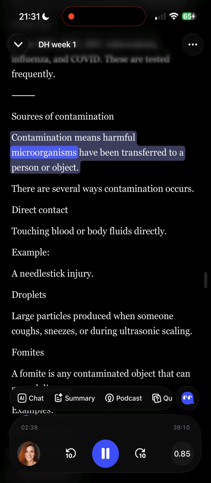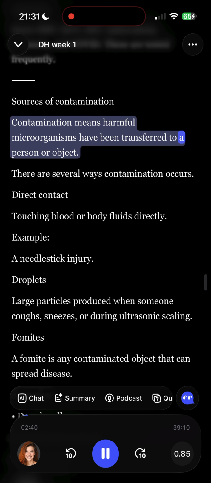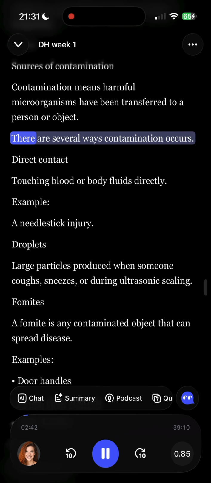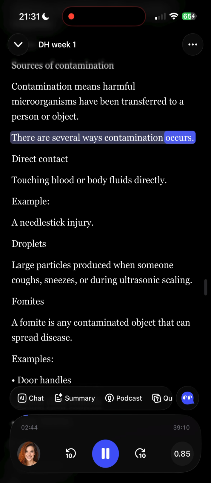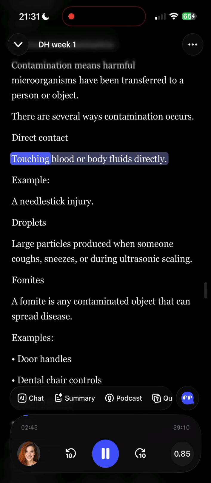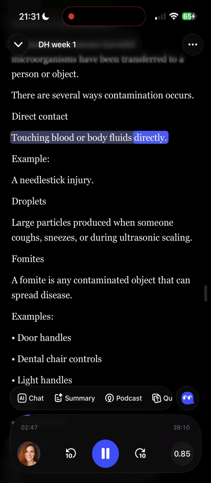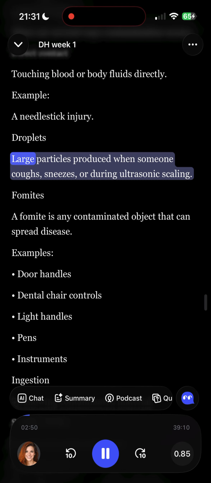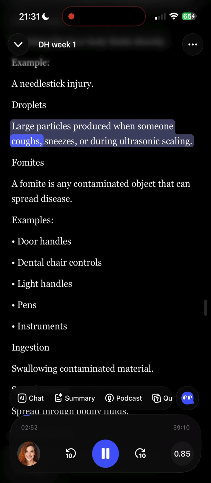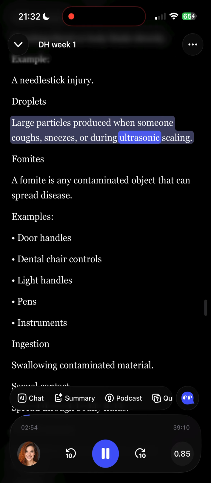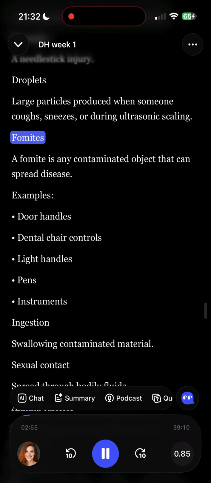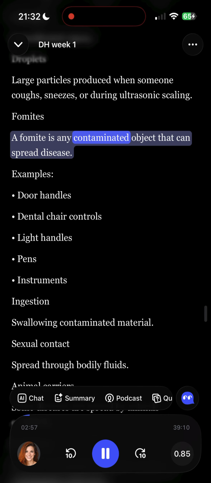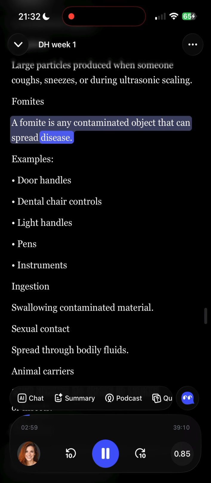Sources of contamination. Contamination means harmful microorganisms have been transferred to a person or object. There are several ways contamination occurs. Direct contact: touching blood or body fluids directly. Example, a needle stick injury. Droplets: large particles produced when someone coughs, sneezes, or during ultrasonic scaling. Fomites. A fomite is any contaminated object that can spread disease.